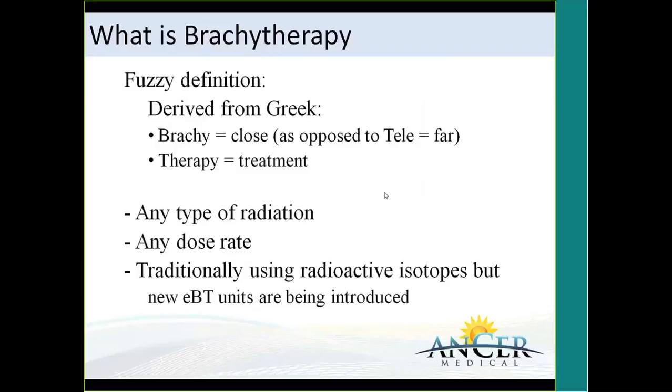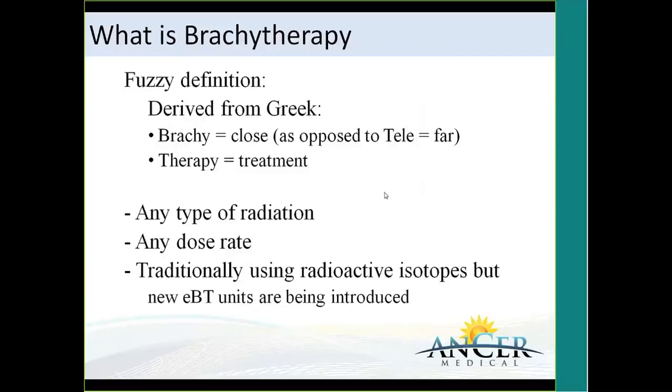Just as an aside, there are new vendors out there that are producing new devices and new electronic machines, and they're calling them brachytherapy, where the source is really not abutting or inside the tumor. And so the question is what is brachytherapy? ABS, the American Brachytherapy Society, and ASTRO have been struggling with the definition of what is a brachytherapy.